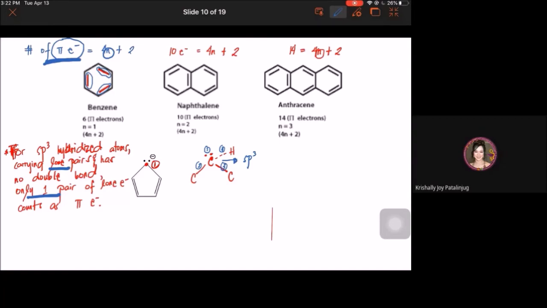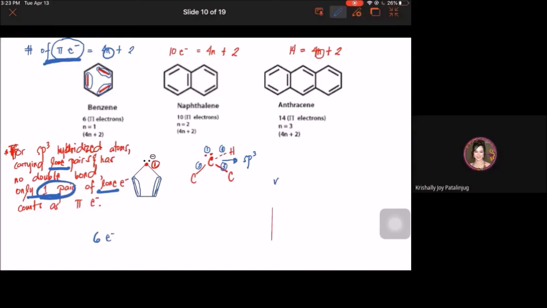So, if you identify the number of pi electrons, there are about 6 pi electrons in that ring, because aside from this, the double bonds already make 4. It fits the criteria. So when an atom is sp3 hybridized, not sp2, carrying a lone pair, with no double bond, only one pair of lone electrons will be counted as pi electrons.